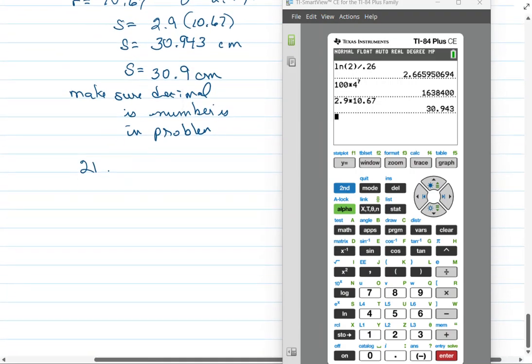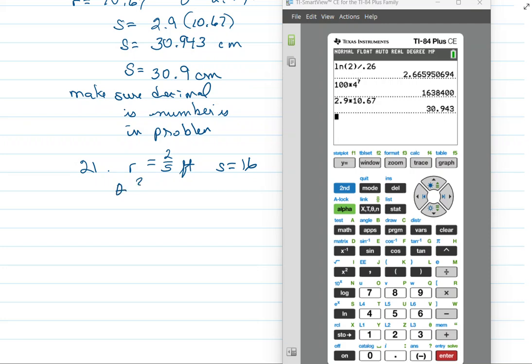Okay. And I have another one where the radius is 2/5 feet. S is given, and we want theta. So in this case, we have 16 equals 2/5 theta.